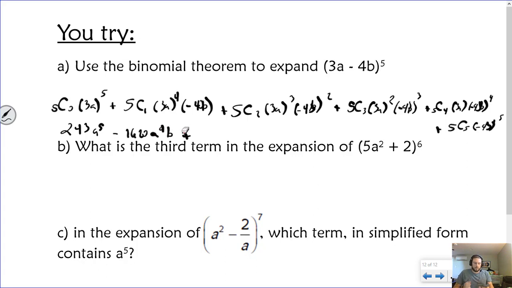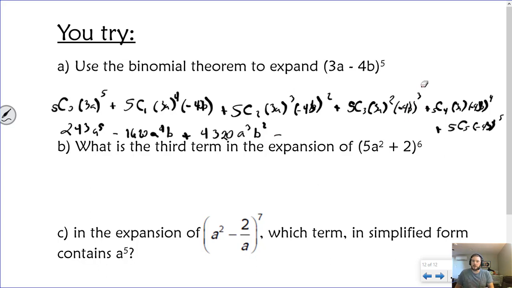And then 5c2 times 3 to the power 3 times negative 4 squared, so 16, is 4,320 a cubed b squared.